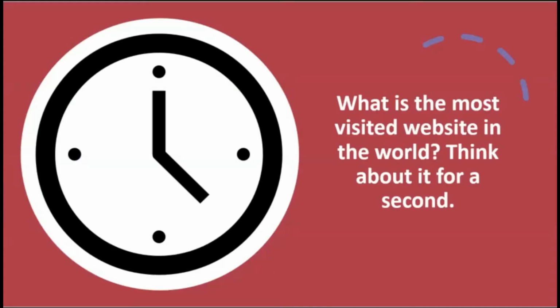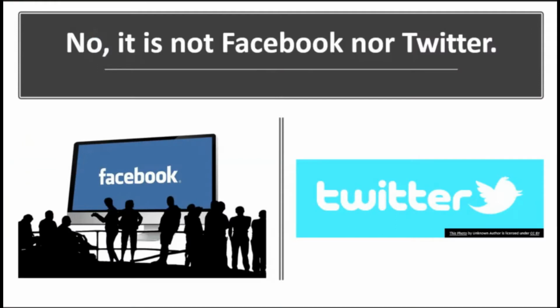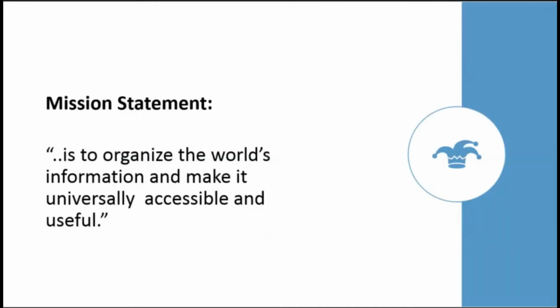What do you think is the best or the most visited website in the world? Think about it for a second. No, it's not Facebook nor Twitter. Here is a clue. The site's mission statement is to organize the world's information and make it universally accessible and useful.